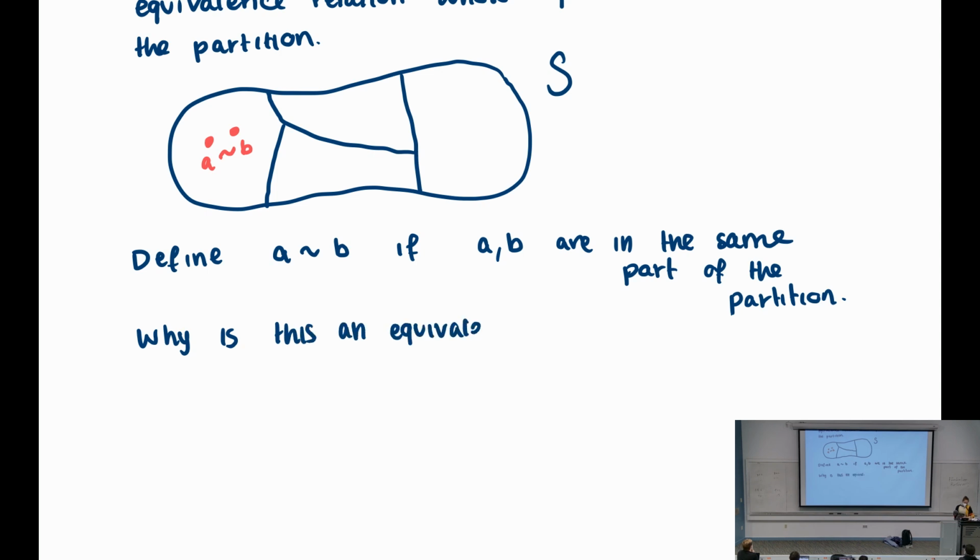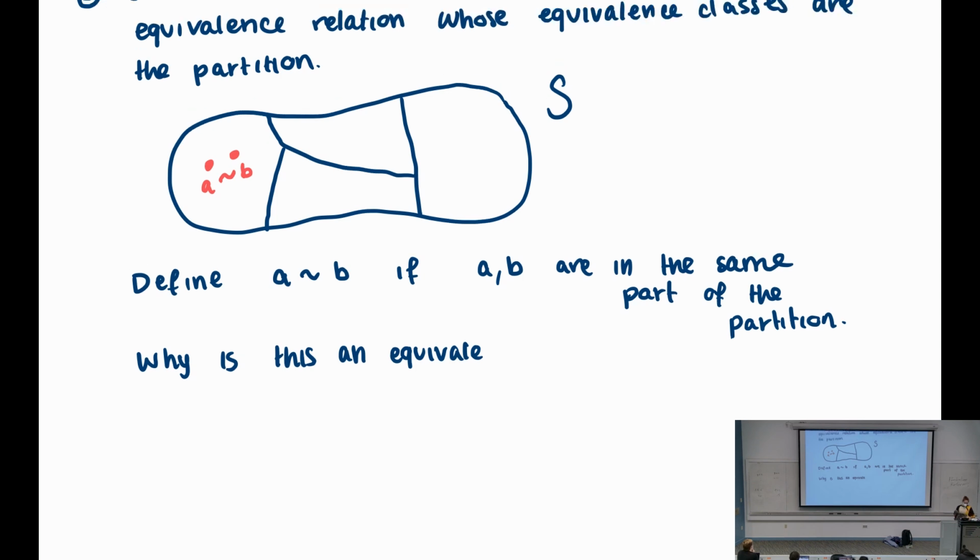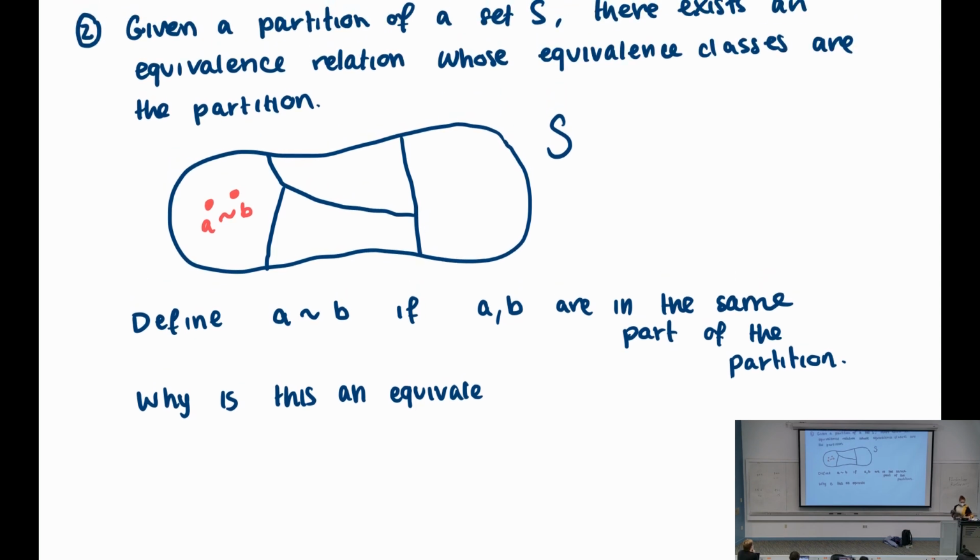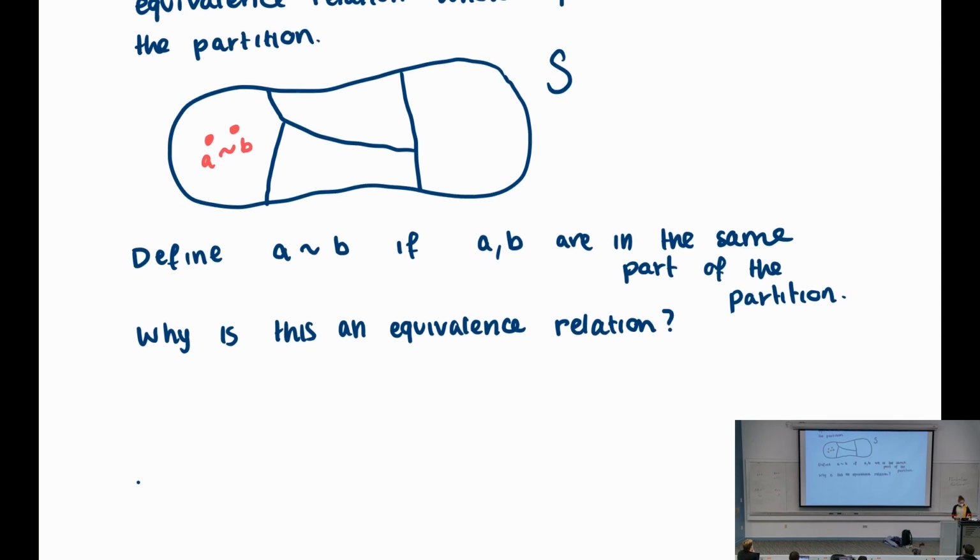So I guess we have to show that it's an equivalence relation and that the classes are the partition. And then we also have to show the classes.